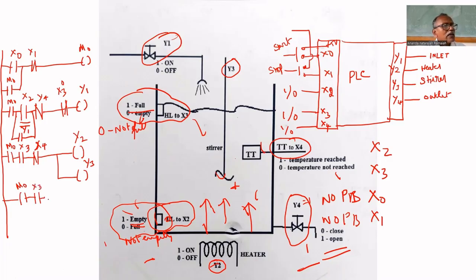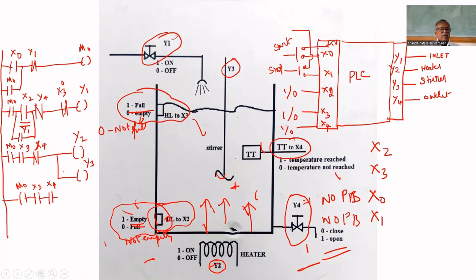Then X4, yes, let us use X4 also, when it reaches the set point. But if you put X4, suppose the timer is 5 minutes and the temperature falls, what will happen to X4? It becomes 0, you know. That value will change. That's why if you put X4, that problem will come. Have you understood that point?